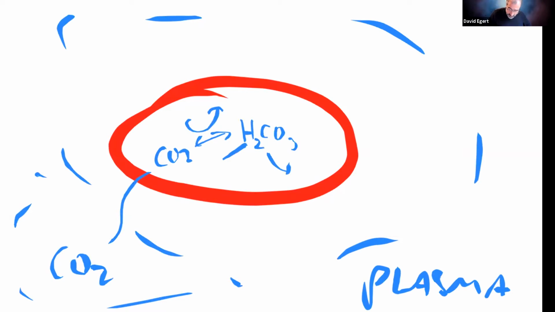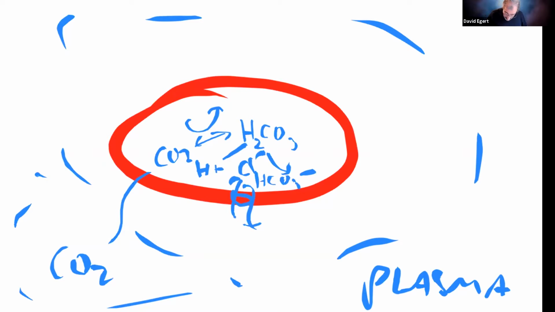This dissociates into H+ and HCO3-. And as this leaves, chloride comes in to keep the balance. And so there's actually this chloride bicarbonate exchange protein in a red blood cell to allow it to transport carbon dioxide in your blood.